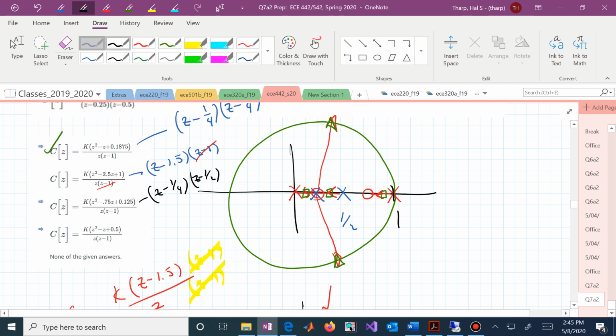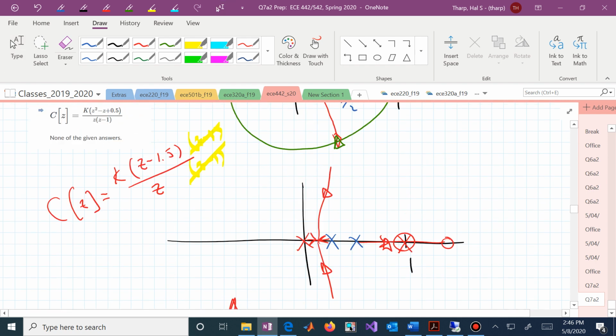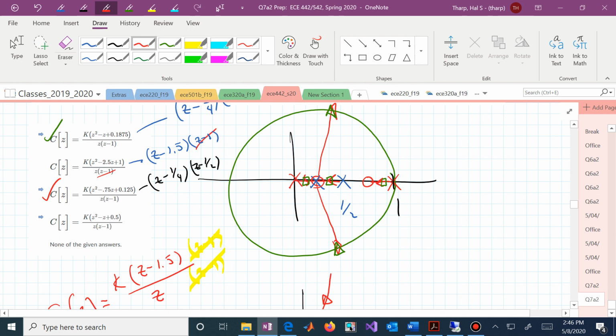So these are actually canceling the original poles, and they are introducing a pole here and a pole there. And in this case, then, one goes to the right, one goes to the left, they meet halfway between, and there is a valid range of k for stability, so that one's okay.